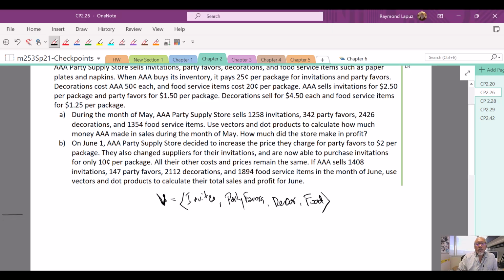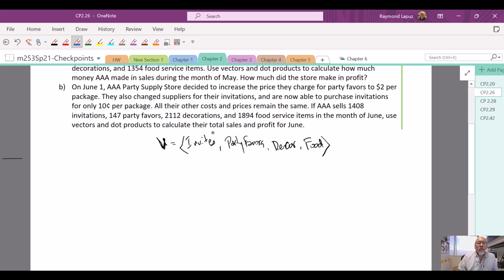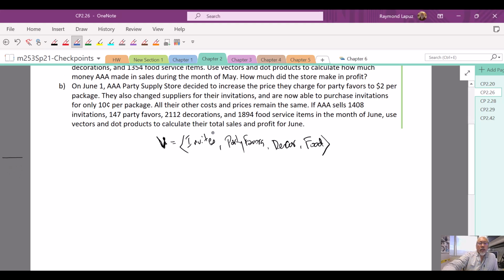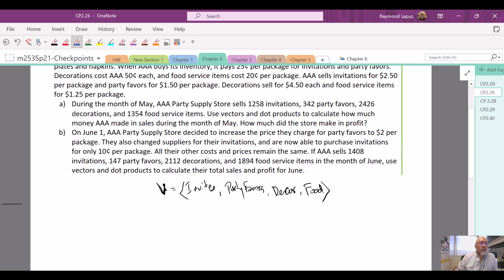So that's how our vectors are going to look for each of these. We're going to look at these vectors as an ordered set of numbers describing invitations, party favors, decorations, and food service.